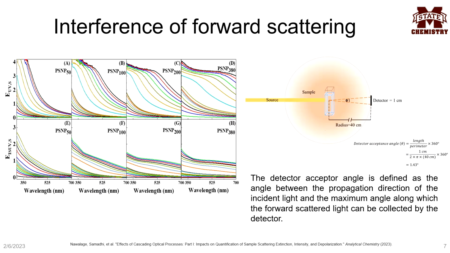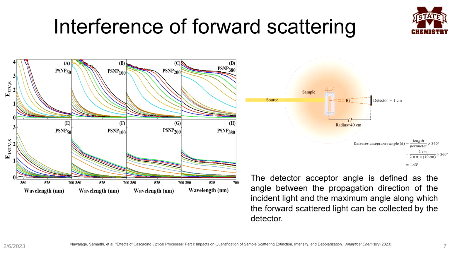First, let's discuss the scattering activity and the interference of forward scattering. For samples that are pure light scatterers, Beer's law is complicated by forward light scattering. Any forward scattered light reaching the detector leads to an underestimated experimental scattering extinction. The UV-Vis and IS-UV spectra are both acquired with the same double beam in time spectrophotometer, differing only in the detector acceptance angles.